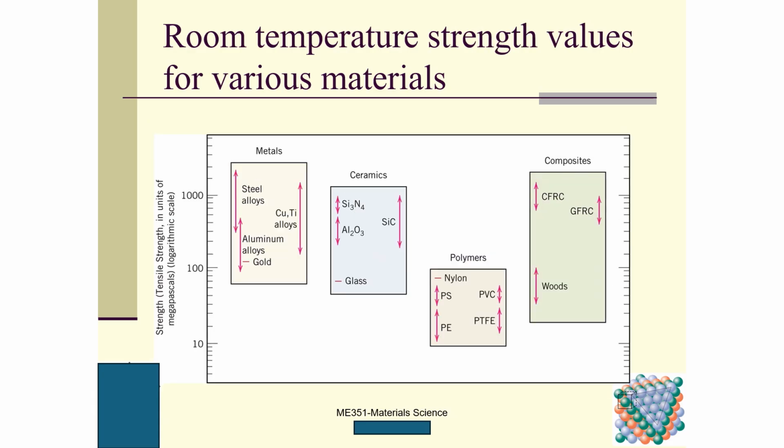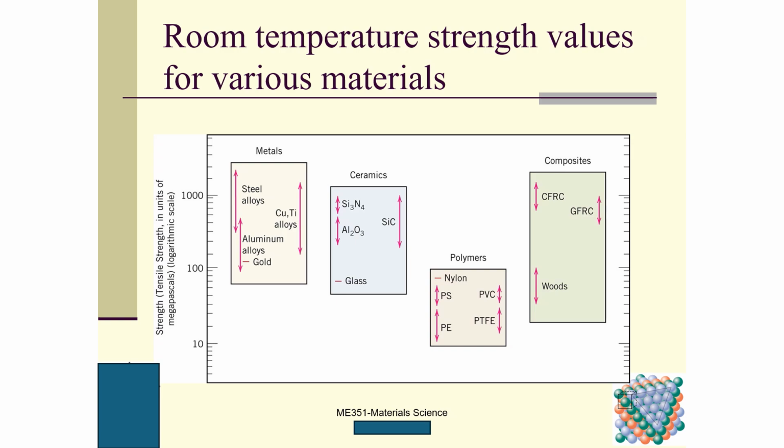This is the tensile strength. Comparison of tensile strength among these four categories of materials: metals, ceramics, polymers, and composites. For tensile strength, the composites are higher here.